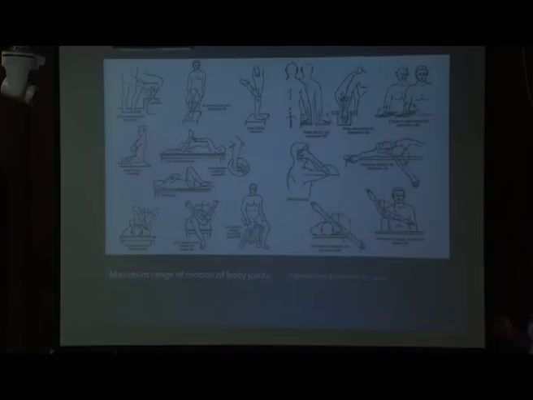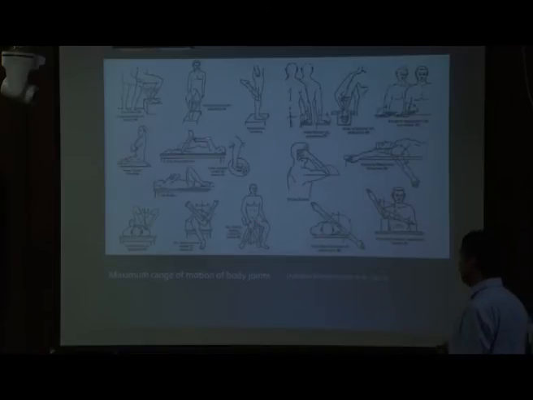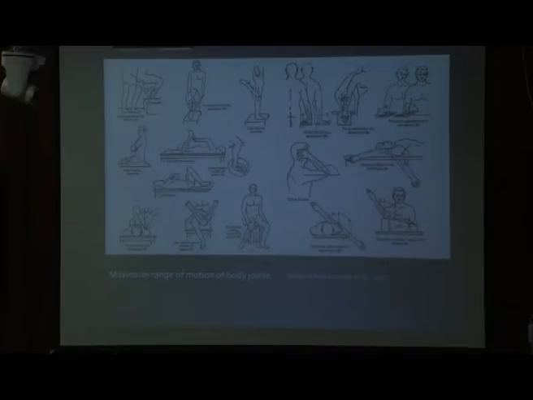Similarly, as I mentioned, for different body part joints, the range of motion is also different and the degree of freedom is also different. So we can go through this type of information where the range of motion of different body parts is defined, and for this purpose there are different databases for different populations.